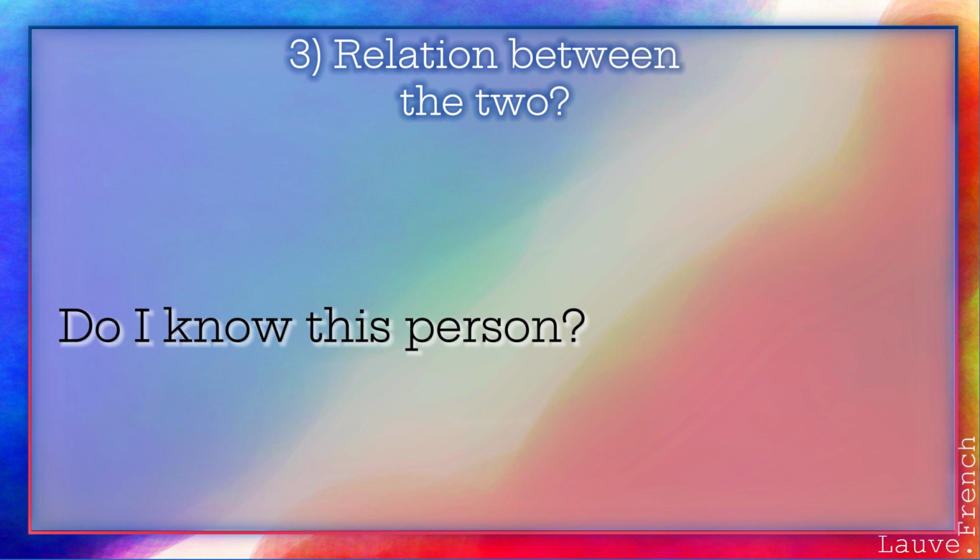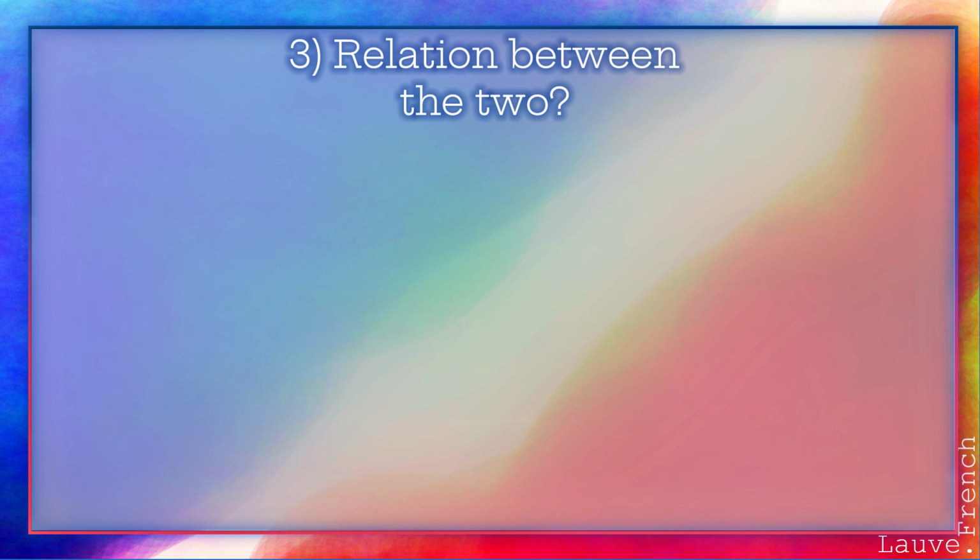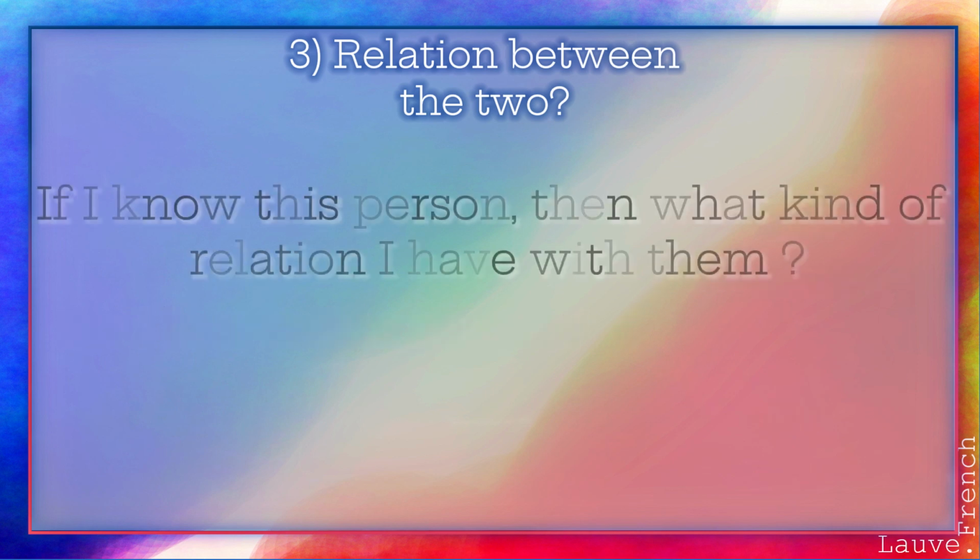Do I know this person? Yes. So you have the choice between tu and vous. It depends on the link you have with this person. If it's no, then it's vous, even if it's just one person you talk to. Ask yourself this other question.